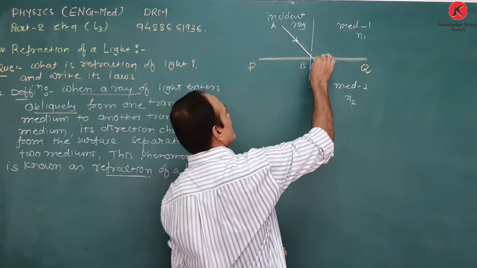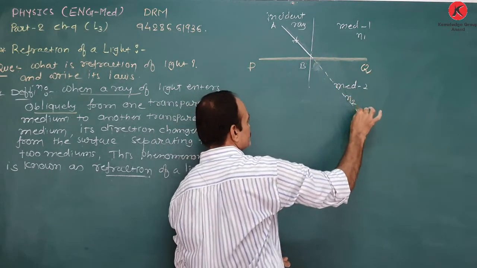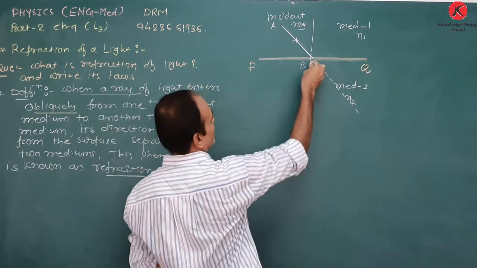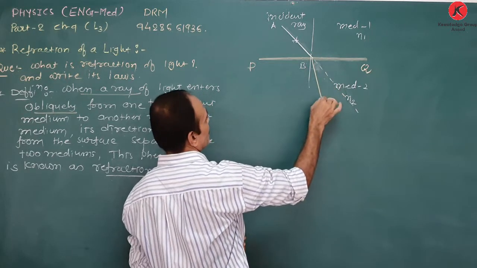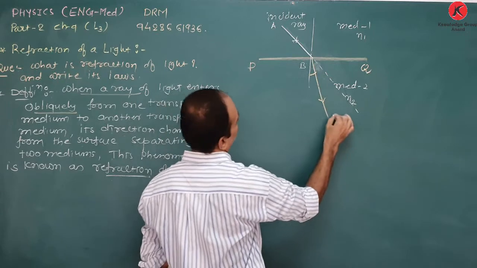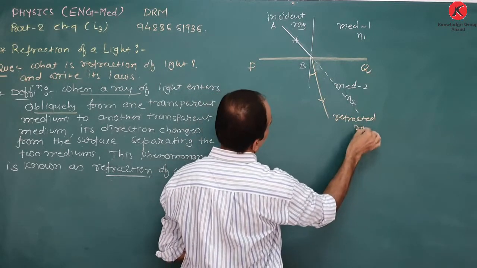So the original direction of the path is this. But the medium changes, therefore this ray does not travel the straight path, its direction is changed. And that is the refracted ray.